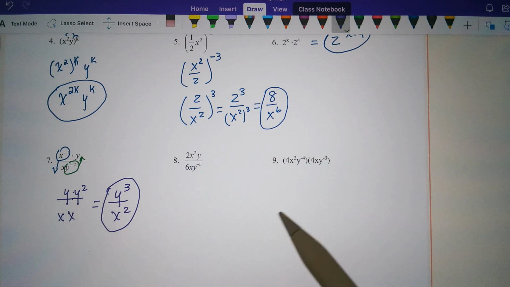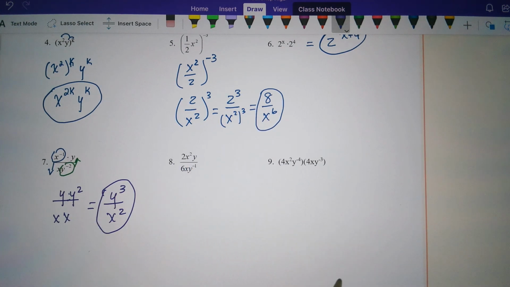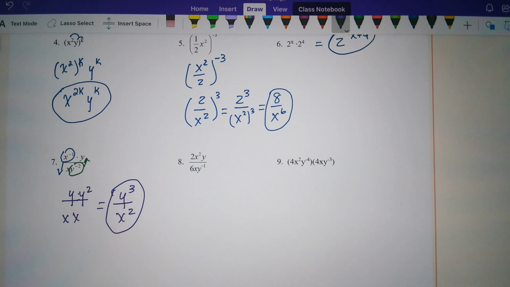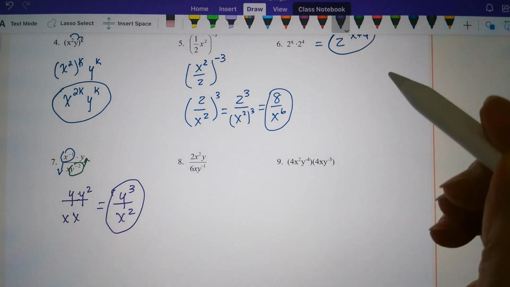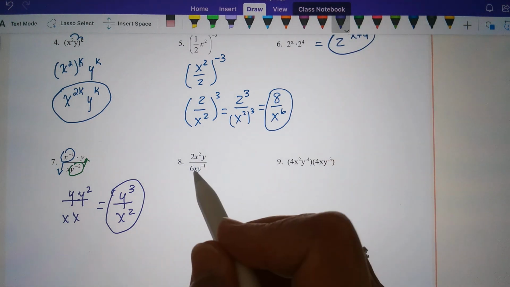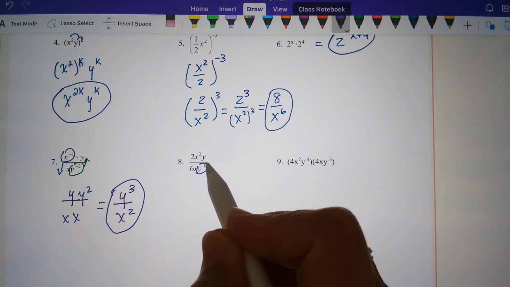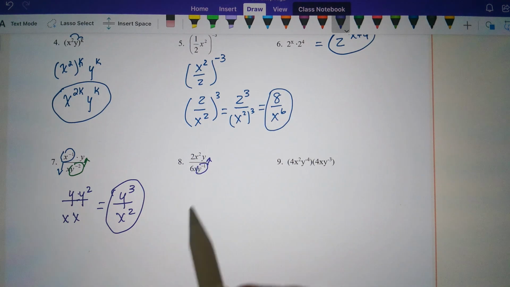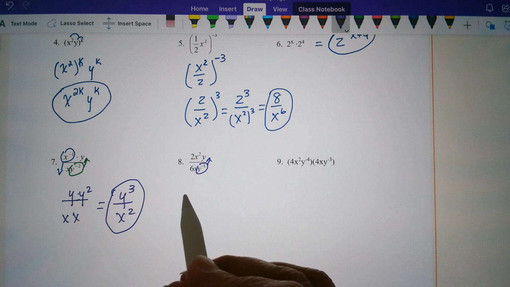Number 8, nothing to do in the numerator or the denominator. We do have some moving around that we can do. To move this up to the numerator, everything else would stay.